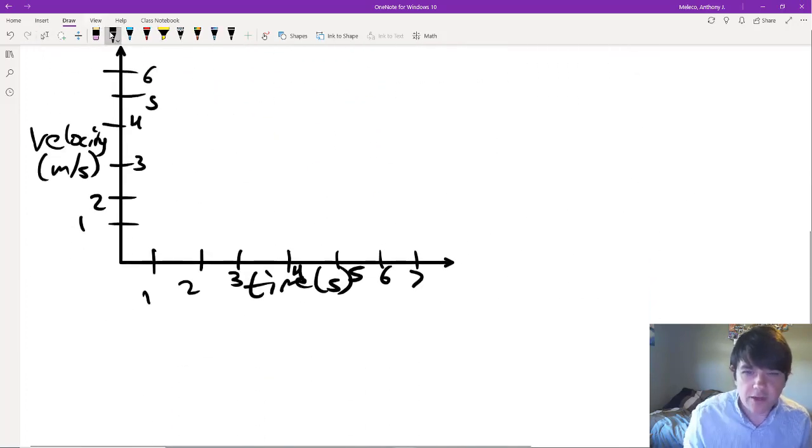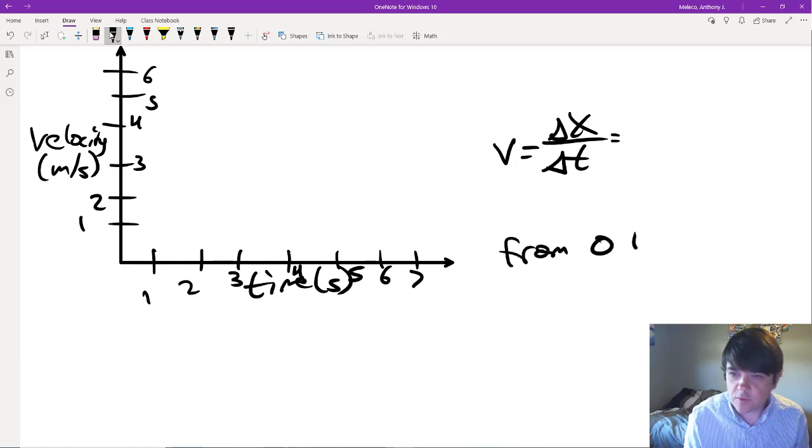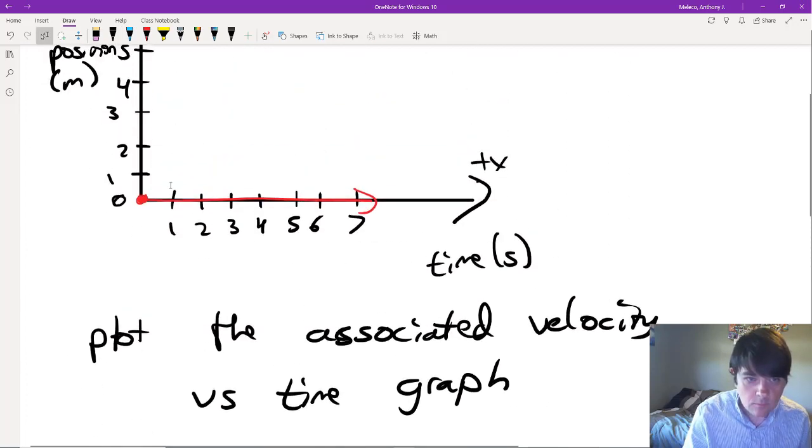So how are we going to do that? If you remember, the definition of velocity is the change in position over change in time. So let's do it just from 0 to 1 second. The elapsed time is 1 minus 0, and the change in position is 0.